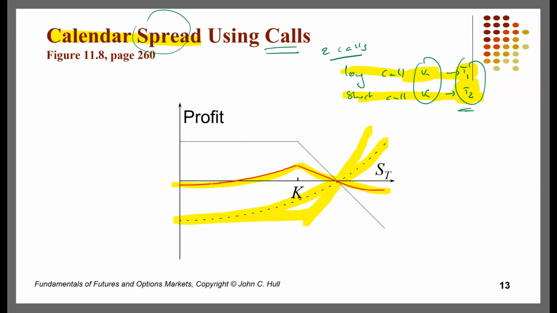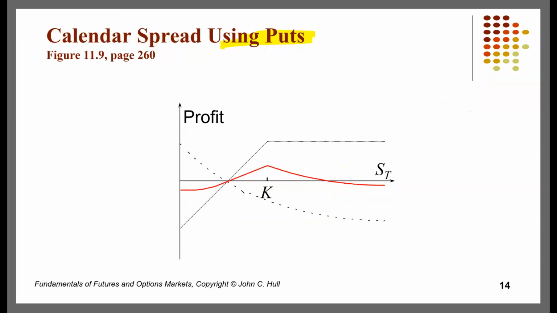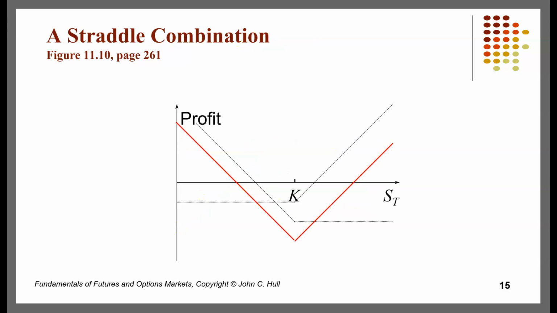All right, so we looked at the calendar spread using calls, and the calendar spread using puts, same idea, long put here, short put, and what we have is the same strike price, two different maturities for the options. Now the straddle is going to be a strategy that combines two different types of options, with the same strike price and same maturity.